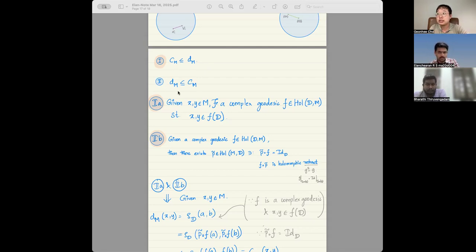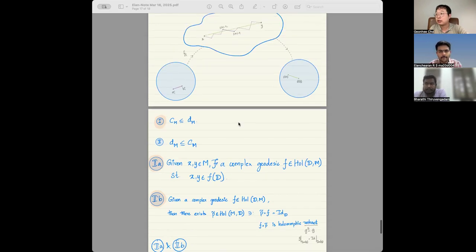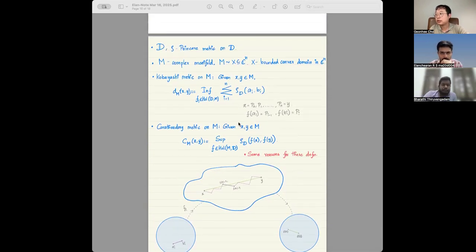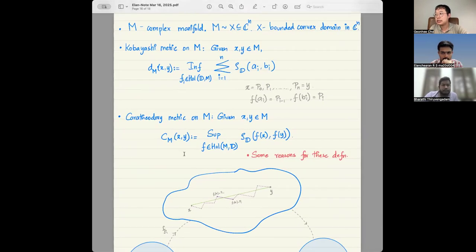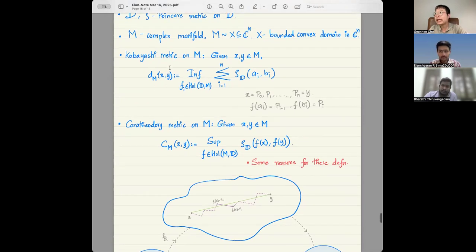And as you said, this is the interesting part of the Lempert theorem. The part of your question is the difference in the definitions: the Carathéodory metric and distance require only a single holomorphic map, whereas the Kobayashi distance requires a finite summation. I think the reason comes from the triangle inequality. If we neglect this finite summation part and define by just one holomorphic function, then if one tries to check the triangle inequality, it fails in general.